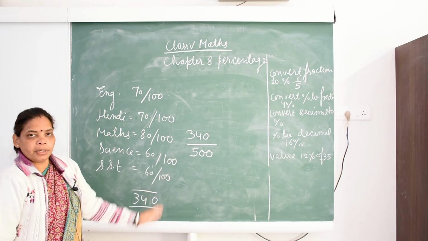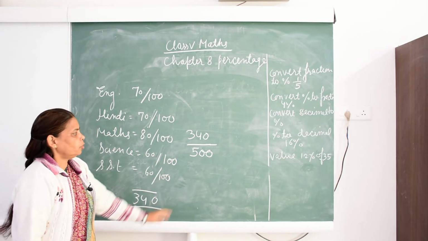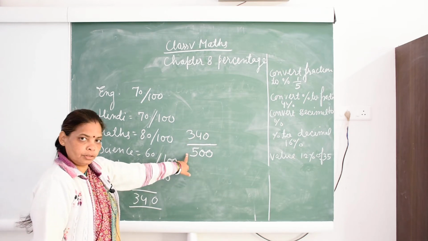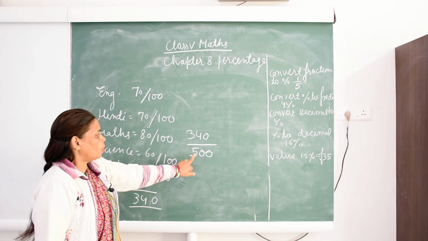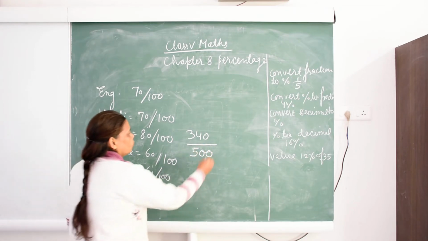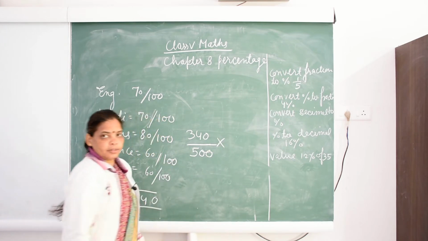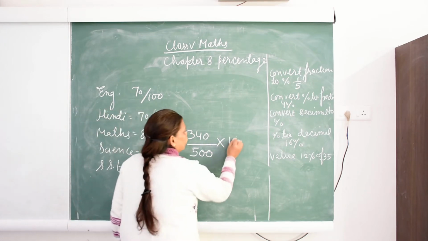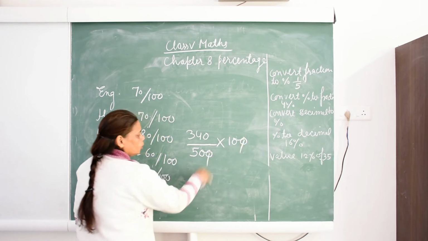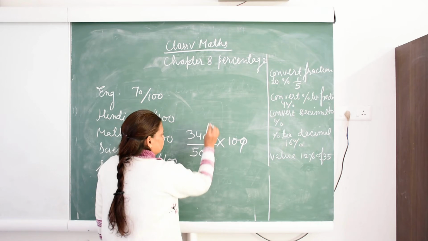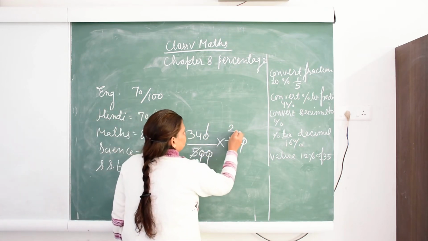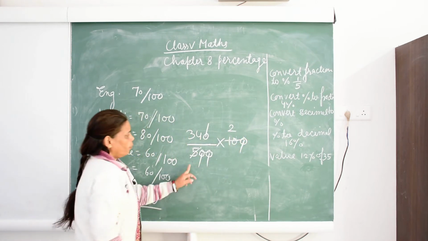If I ask you how much percentage you got, you will not say 340. You have to first change this into a percentage, because here the denominator is 500. So for converting to a percentage you multiply with 100. Simplify it: zeros cut, and 5 twos are 10.